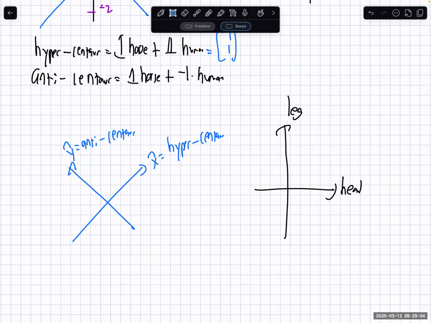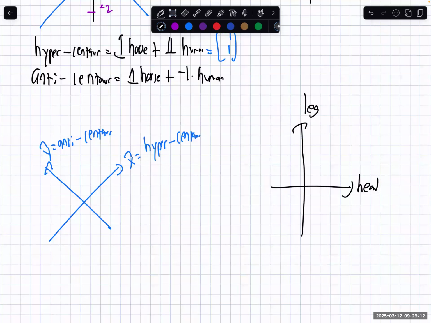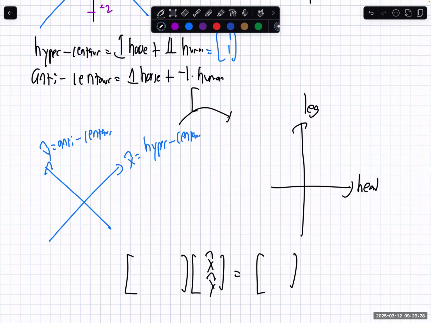We're going to look at that same map, this time from the new coordinate system. So the number of heads is just going to be 2. So it's 2 heads per hypercentaur and 0 heads for each anti-centaur.